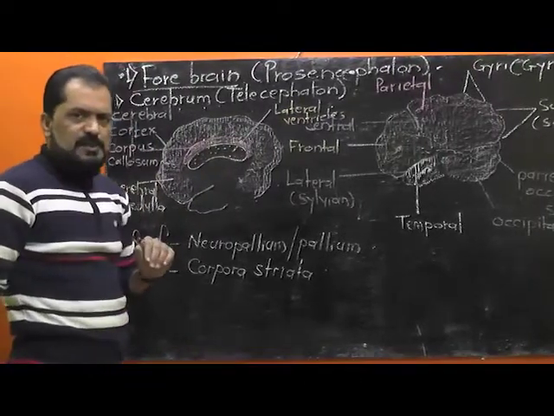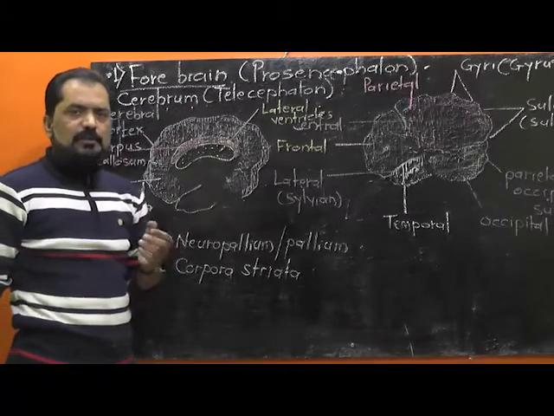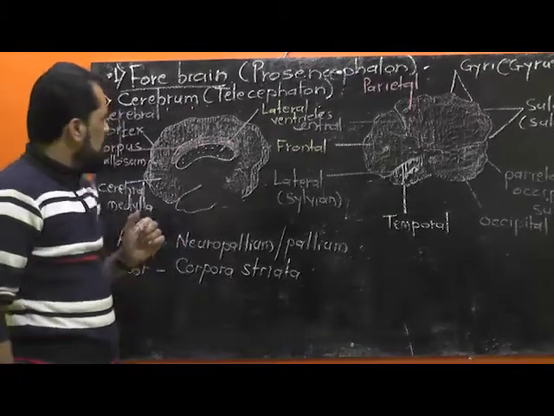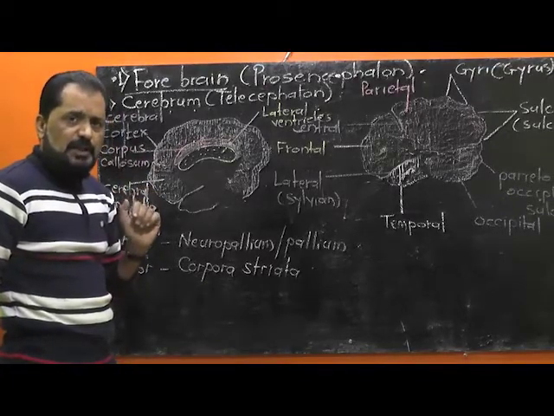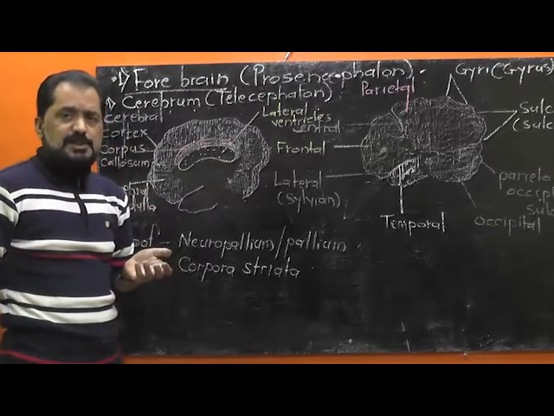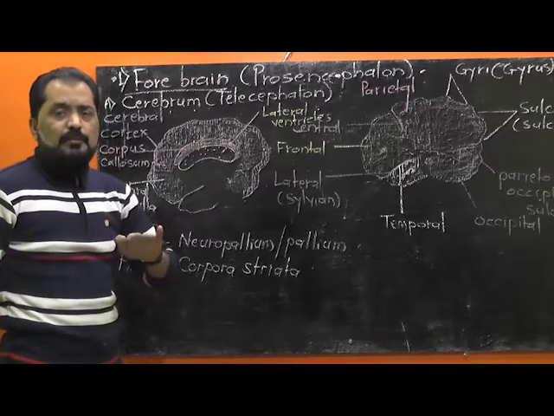Both cerebral hemispheres are connected ventrally by means of a thick band of nerves known as corpus callosum. Actually, this corpus callosum is considered the largest commissure in the human body.